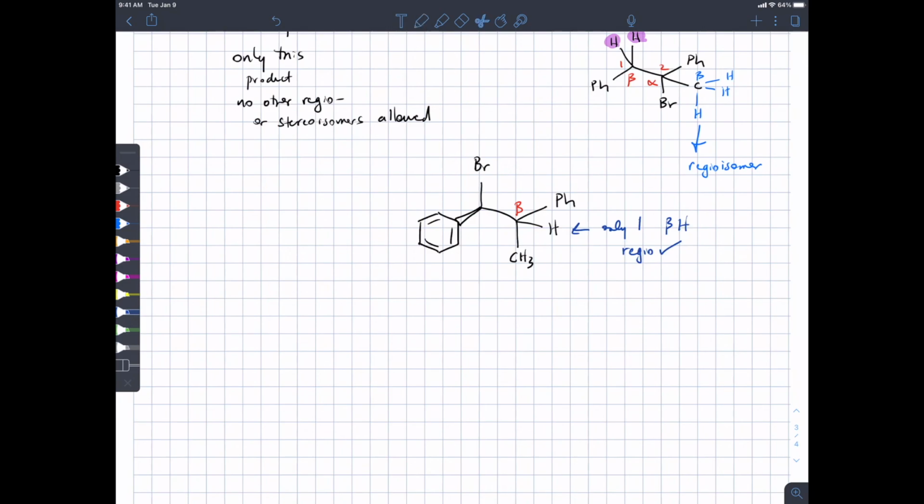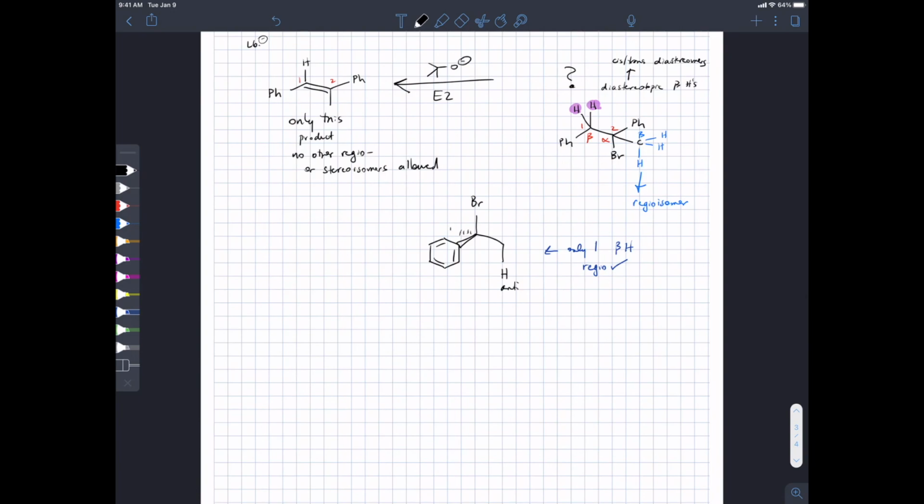That way it becomes totally clear where we need to put the hydrogen, right? We're going to fill in the hydrogen anti to the bromine.